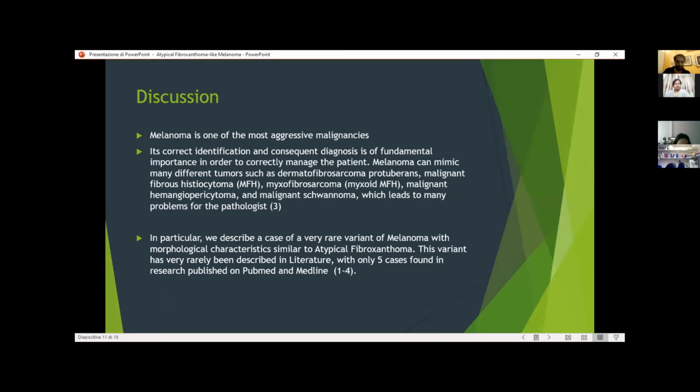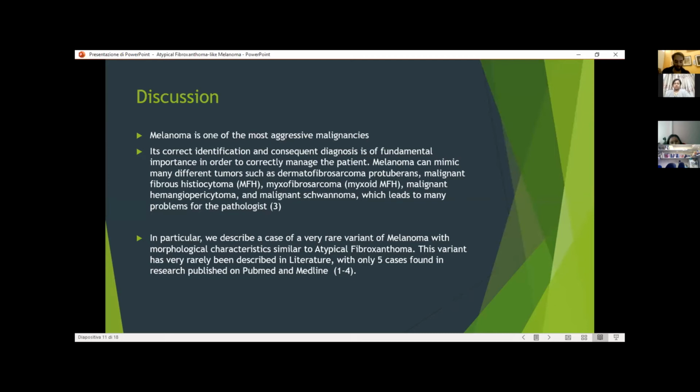Discussion. Melanoma is one of the most aggressive malignancies. Its correct identification and consequent diagnosis is of fundamental importance in order to correctly manage the patient.